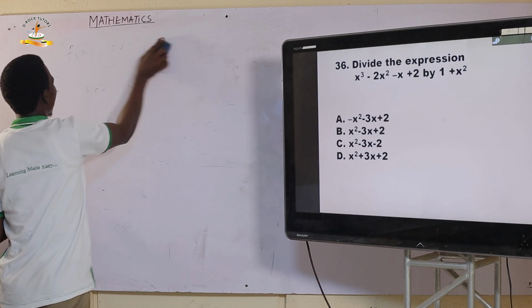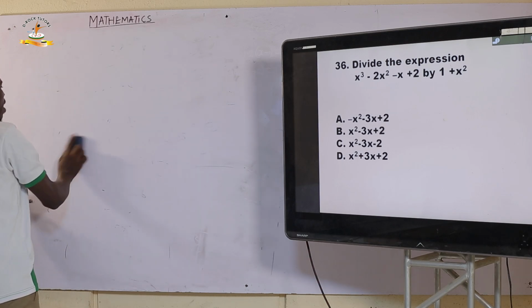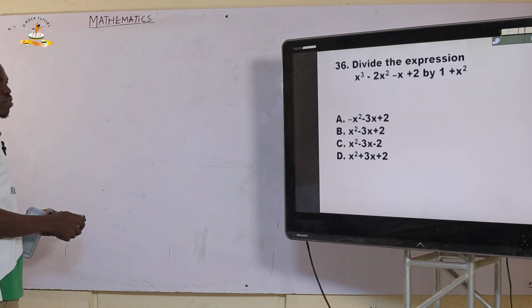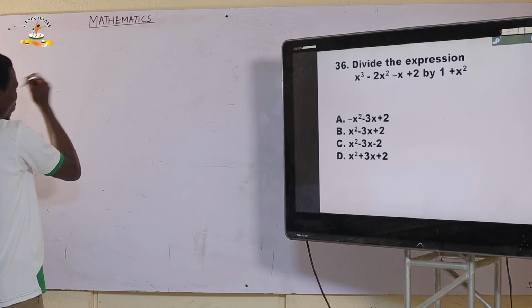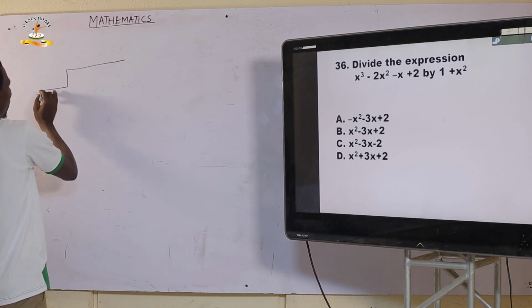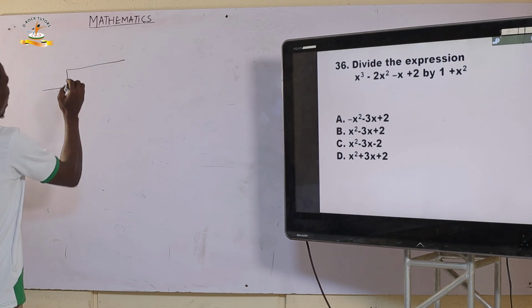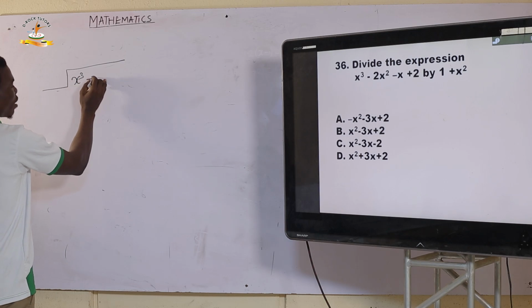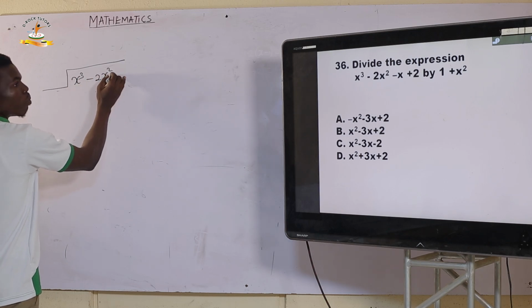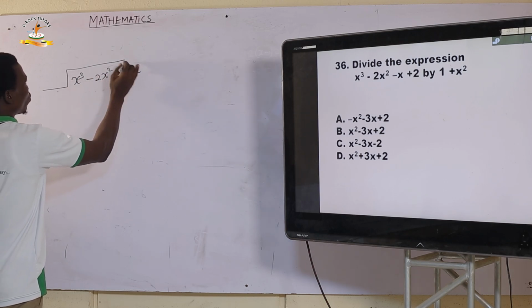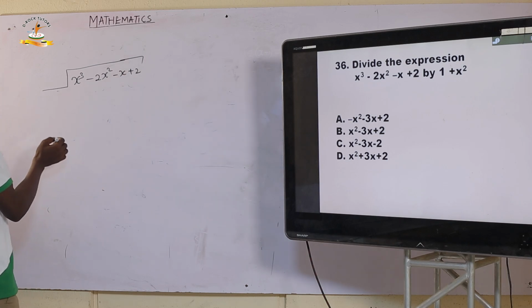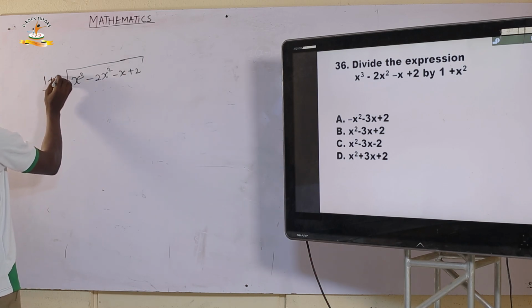What I need to divide has to be inside, and what I'm using to divide has to be outside. So I'm going to use the long division method: x raised to power 3 minus 2x squared minus x plus 2, and we are dividing it by 1 plus x squared.